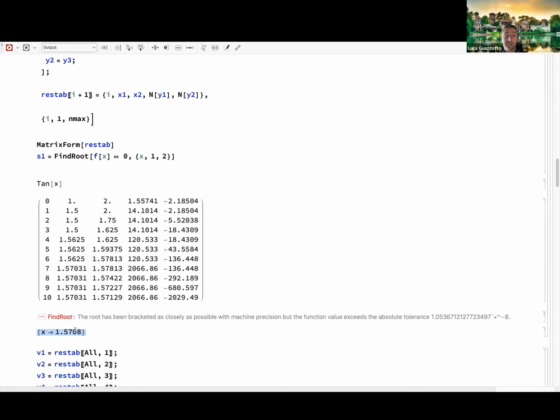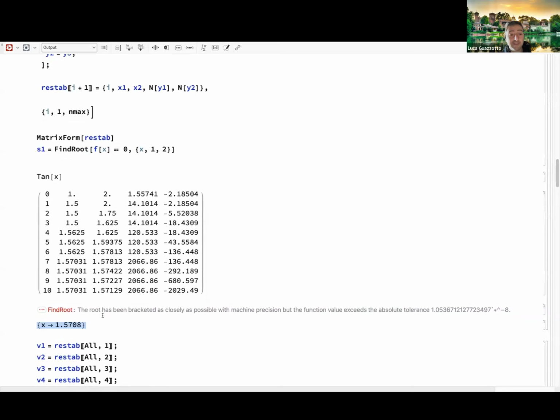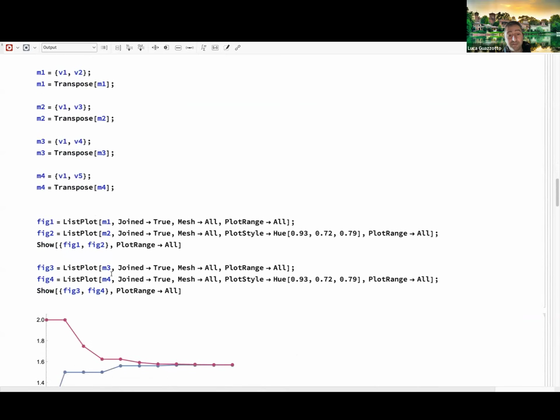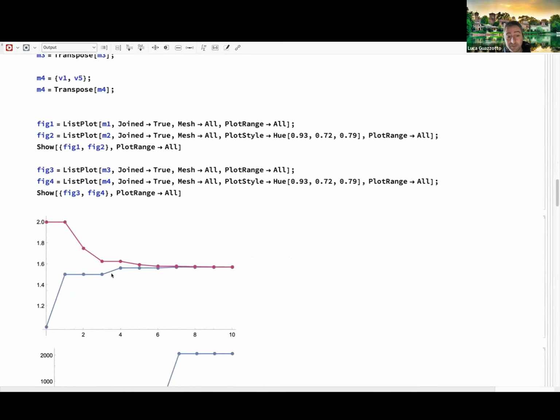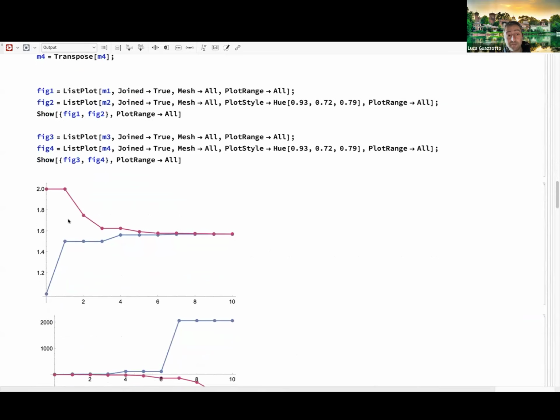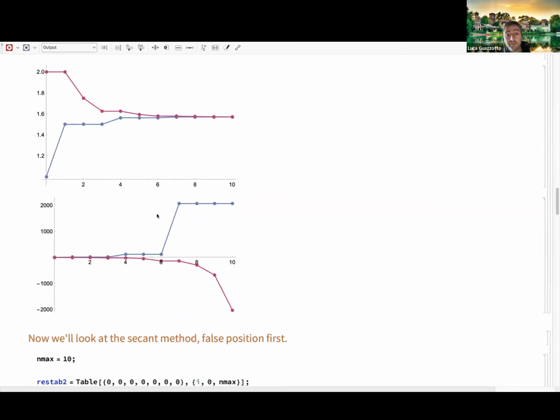So please, please, please be careful on how you use these things. And in fact, now if I do the plot, you see that the two values of x are converging to pi over 2. They're getting closer and closer, but the values of the function are blowing up.